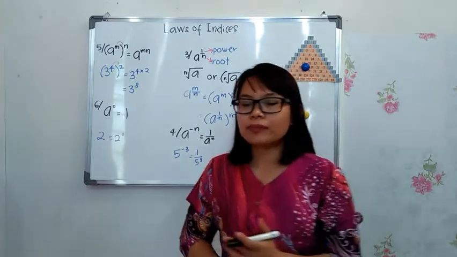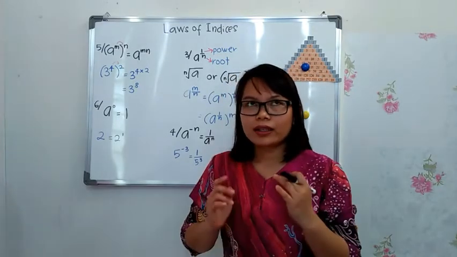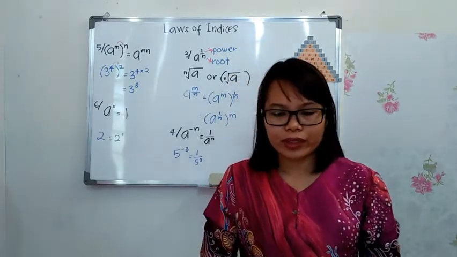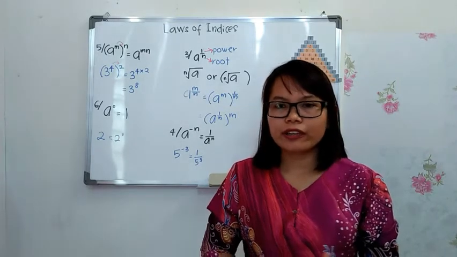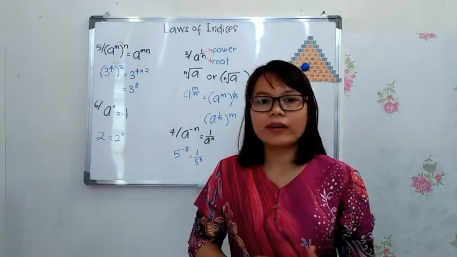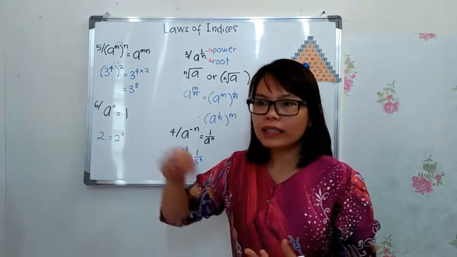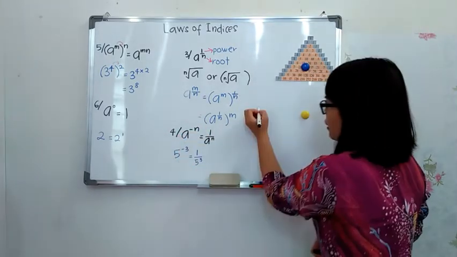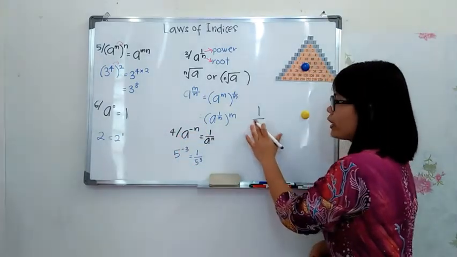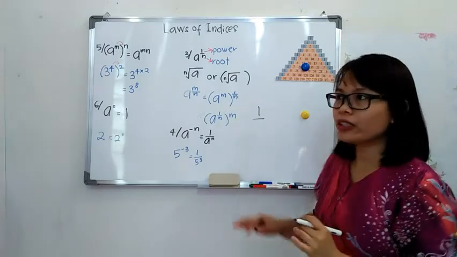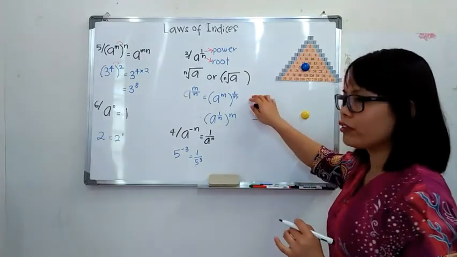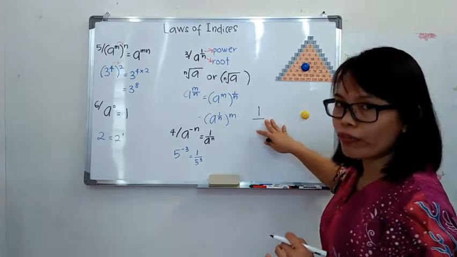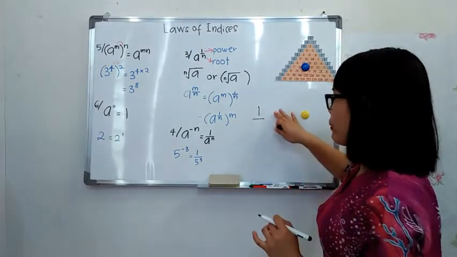The fourth is negative. If you see the power is negative, it means 1 over. You must remember this.